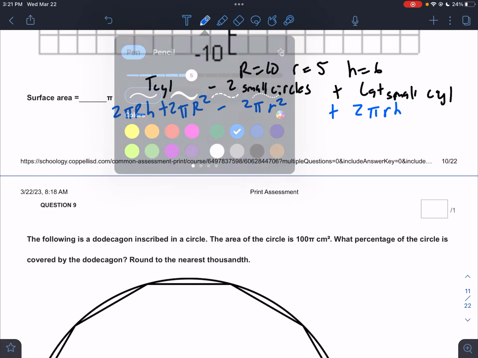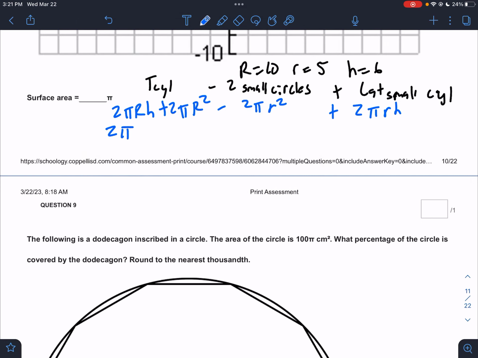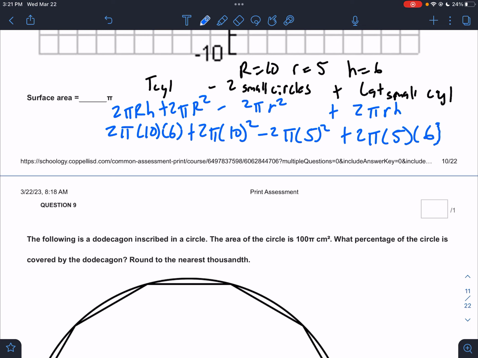So when we plug those in, we would have 2 pi big R times h plus 2 pi times big R squared, minus 2 pi times little r squared, that's minus the 2 small circles, plus 2 pi times little r times h.